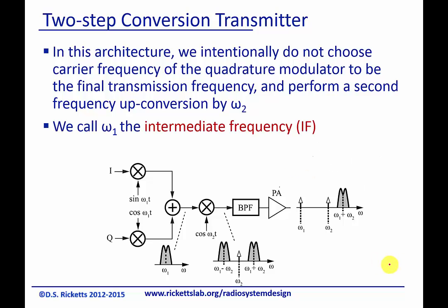And as you've seen all along, we call omega 1 the intermediate frequency, or IF. And so it's always going to be referred to as IF. And it's basically the omega 1 will be the difference, or the offset, of the signal from our final RF carrier. And I should just mention too here that omega 2 is what we would call the RF signal, if you will, or the RF carrier.